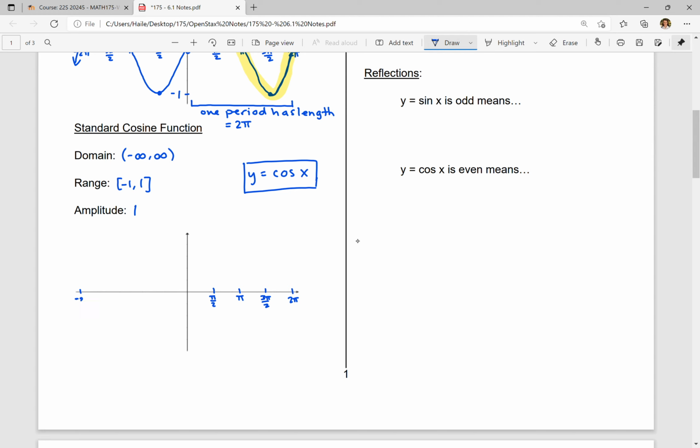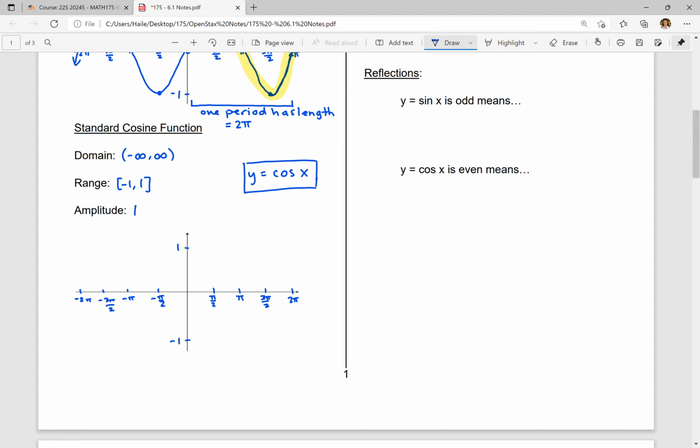So we'll have -2 pi, -pi, -pi over 2, and then -3 pi over 2. And then just like with sine again, since our amplitude is 1, we're going to write a +1 on the y-axis and a -1 on the y-axis.